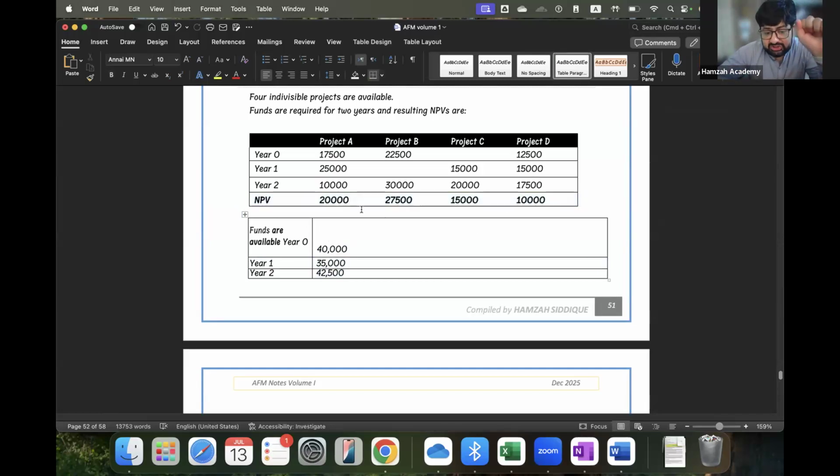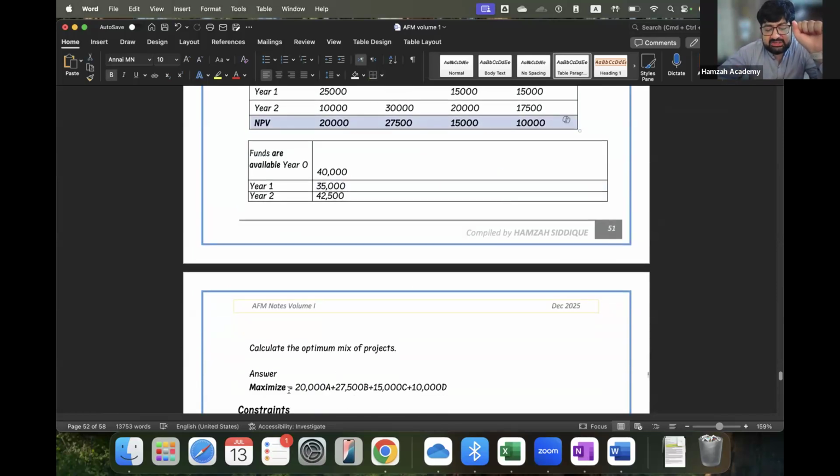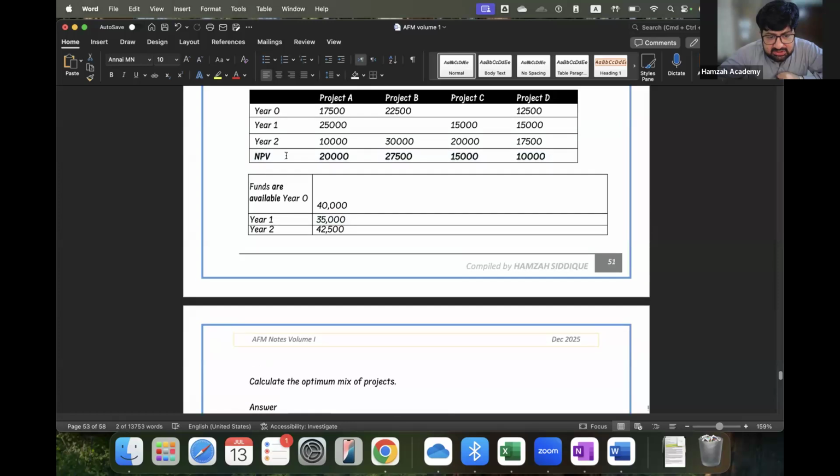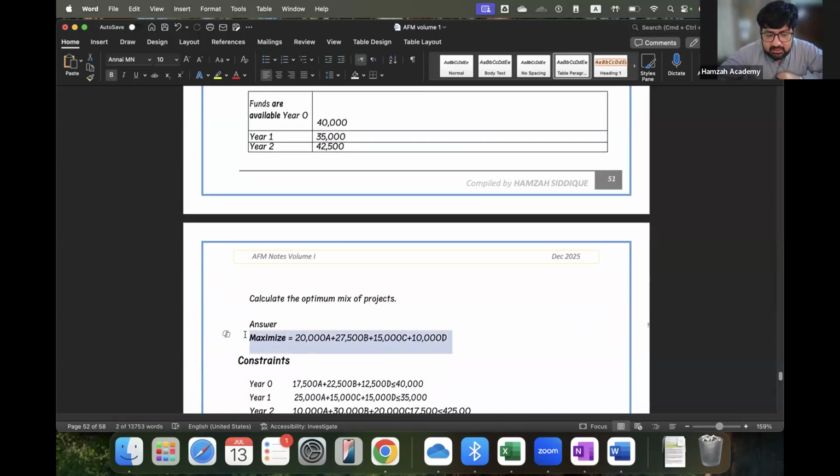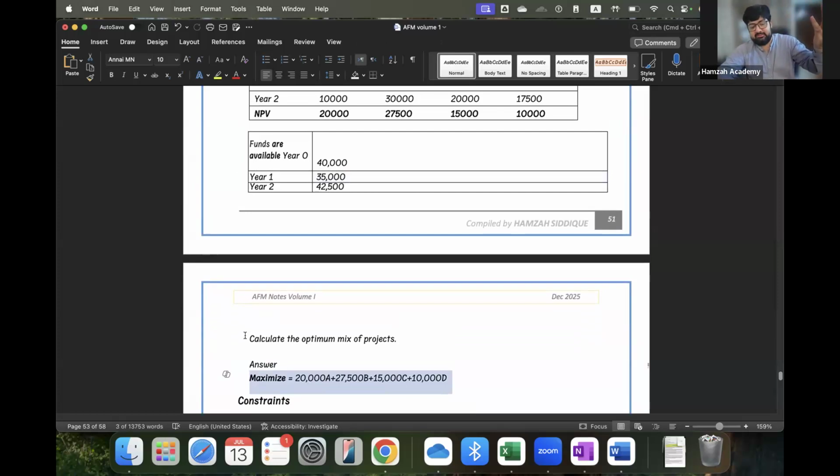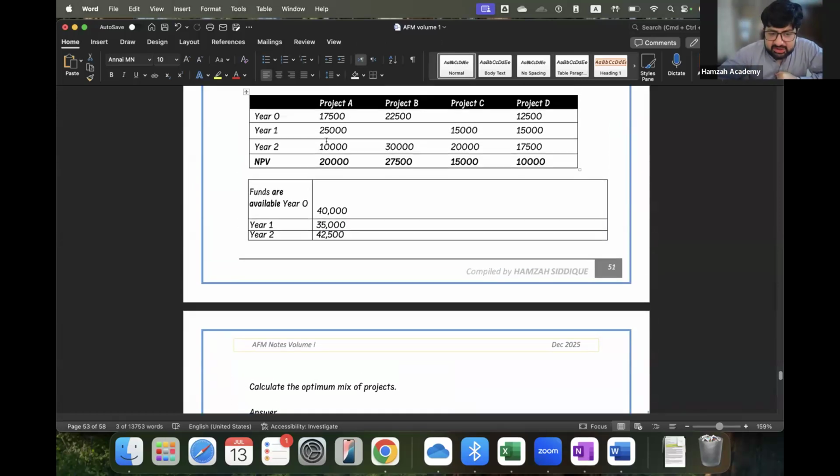First of all, objective function. Maximize the NPVs. Maximize 20,000 of A, 27,500 of B, 15,000 of C, 10,000 of D. This is the objective function. Now constraints. What is a constraint? This sum: 75,000 of A, 22,500 of B, and 12,500 of D. There is nothing in investment in C. The sum should not be greater than this.